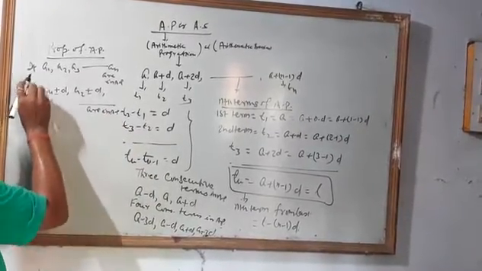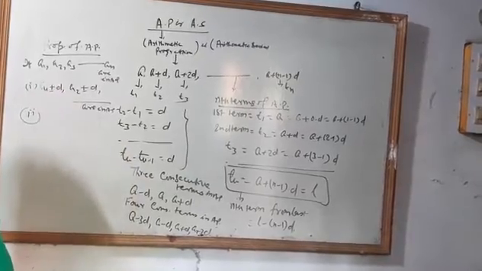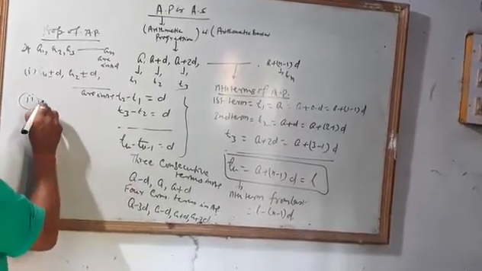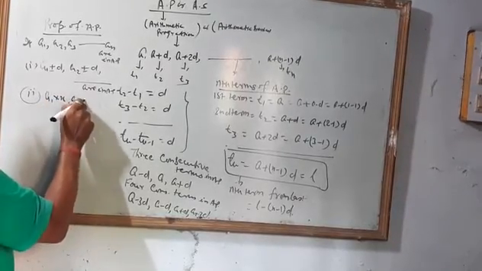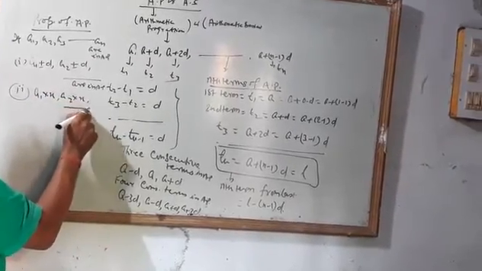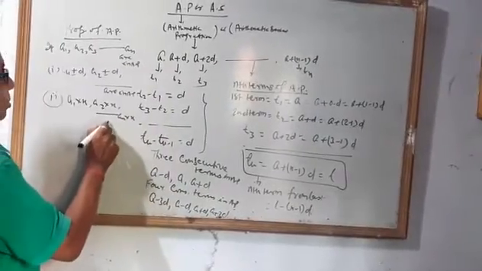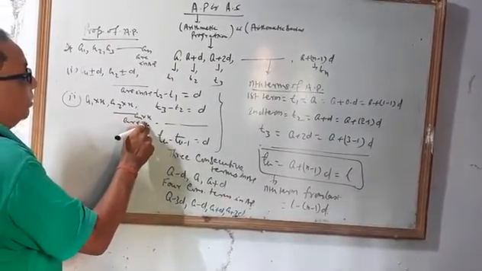Second, in AP, if you multiply the terms by a constant k, that is a1 into k, a2 into k, an into k, this will also be in AP.